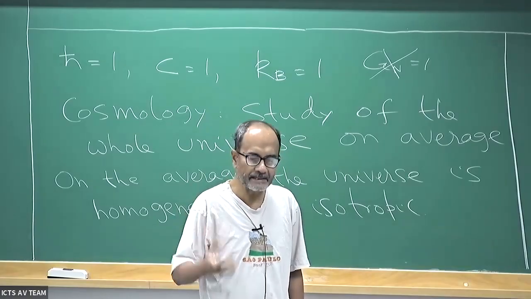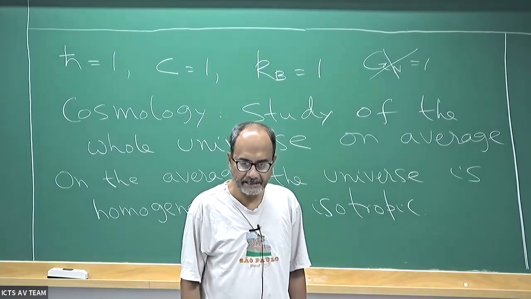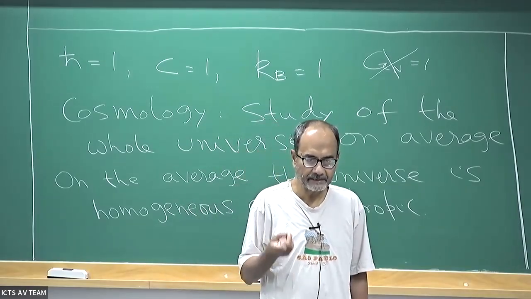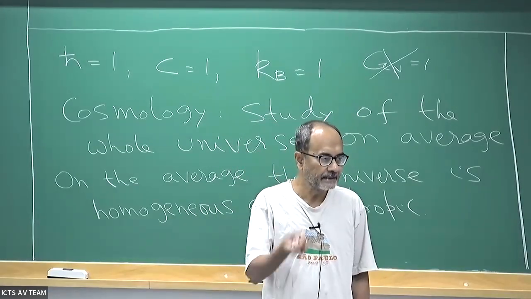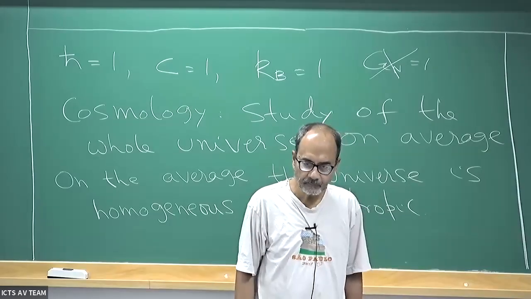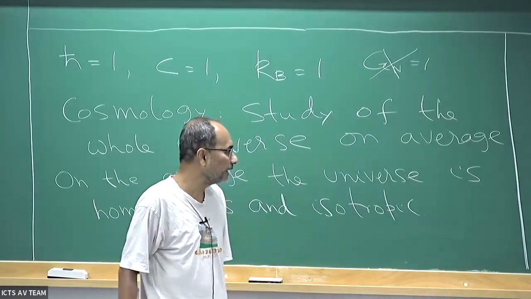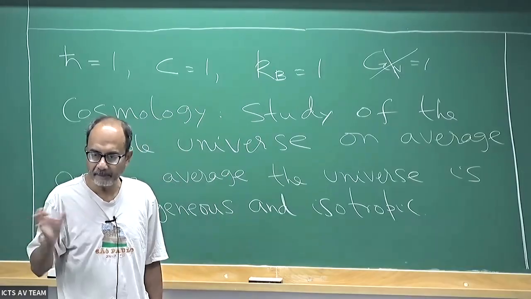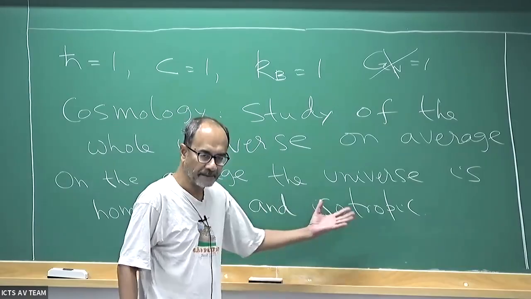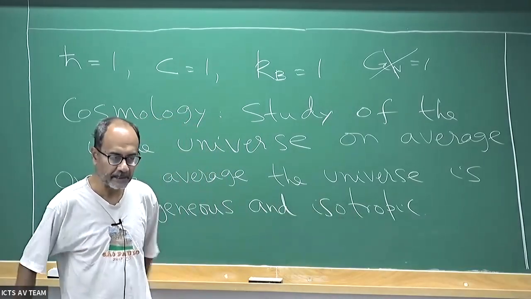Everywhere there is an electric field in the z direction, so it's homogeneous, but it's not isotropic, because if you sit at one point, then the z direction is special compared to the x and y directions. So homogeneity doesn't mean isotropy. These are two separate properties, and both seem to be true on average, when you average over large distances.